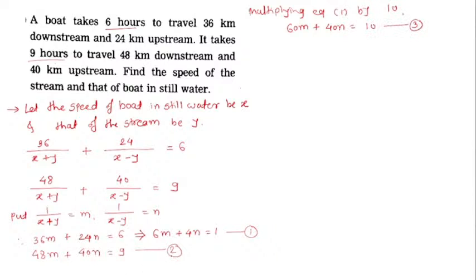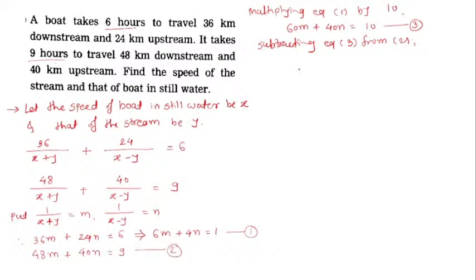Now compare equation 2 and 3. In these two equations, the variables of n are equal, that's 40, and signs are also same. So we should subtract these two equations. So subtracting equation 3 from 2.